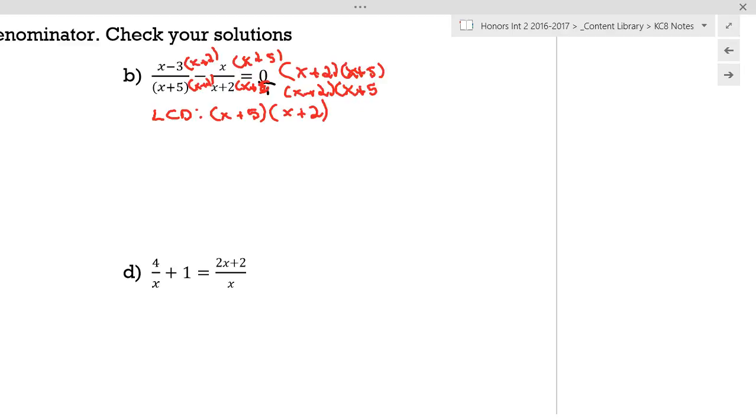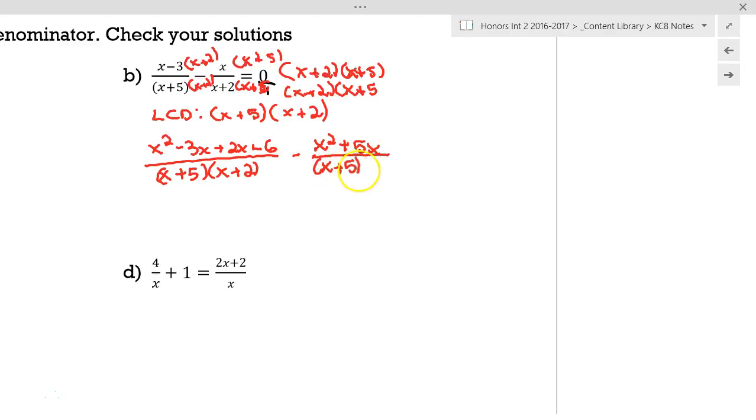So, when I distribute, I have x squared minus 3x plus 2x minus 6 over x plus 5, x plus 2, minus an x squared plus 5x over an x plus 5, x plus 2. Whenever you have 0 times anything, it's just 0 over x plus 5, x plus 2.